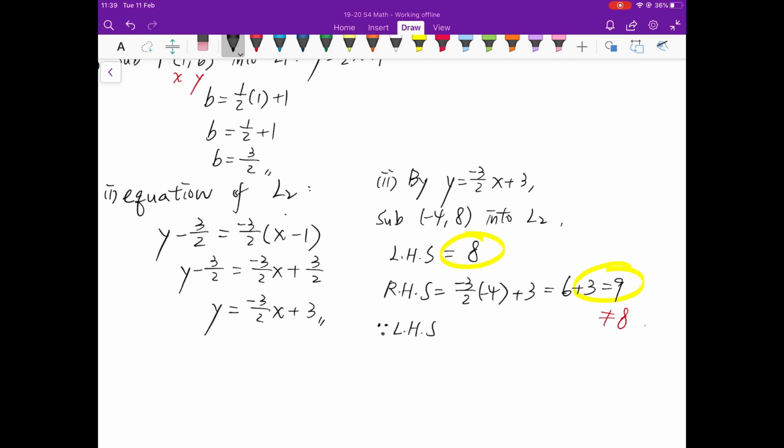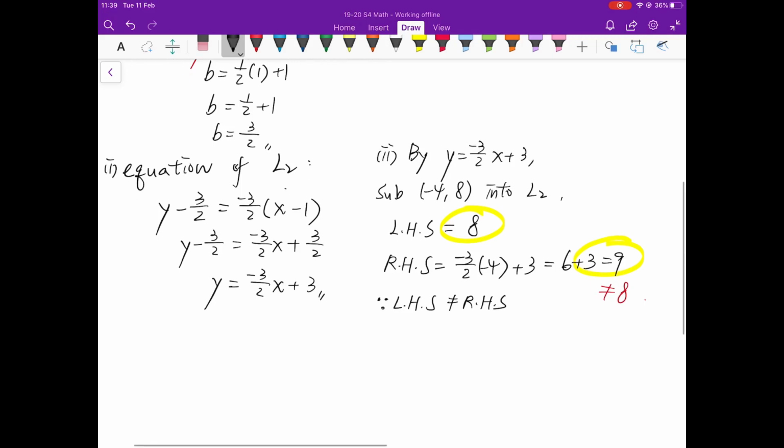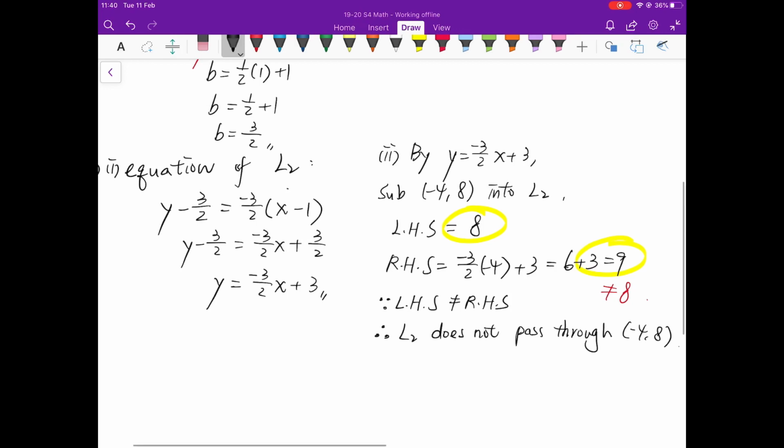So therefore, because the left hand side does not equal the right hand side, L2 does not pass through -4 and 8. Okay, this is the end of this example.